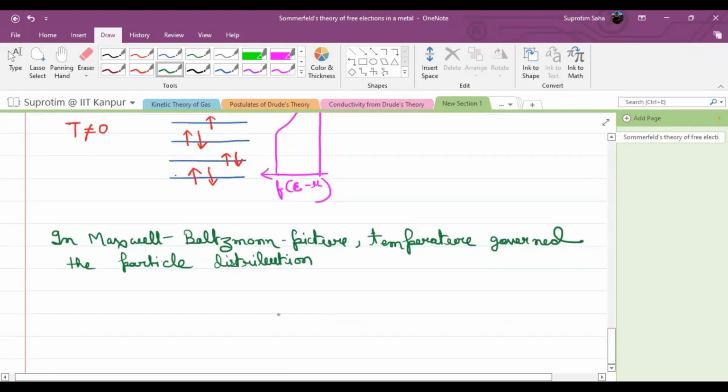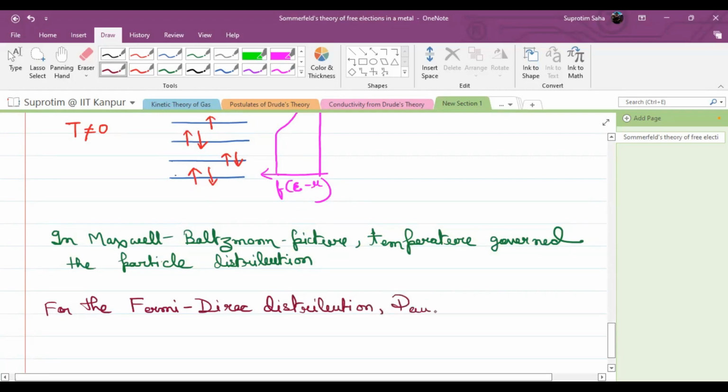But for the Fermi-Dirac distribution, Pauli's exclusion principle governs the occupancy.